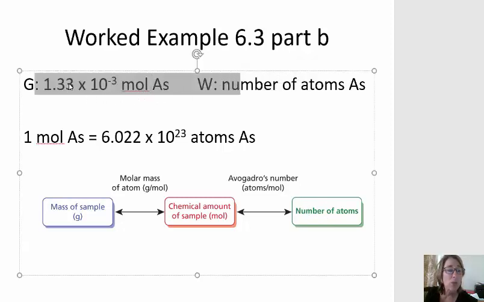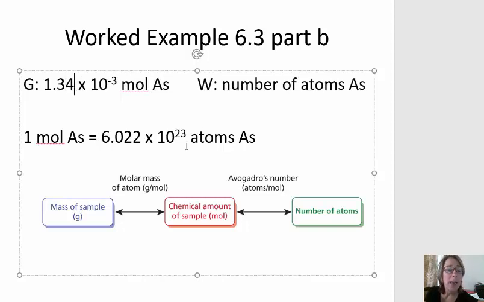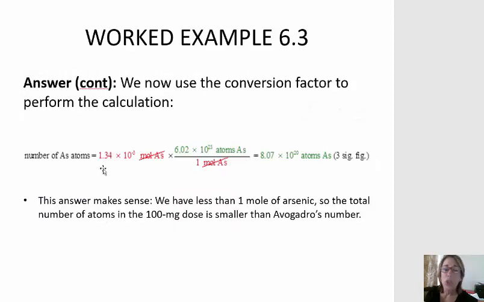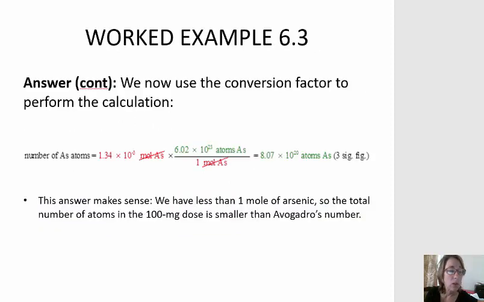We have 1.34 times 10 to the minus 3 moles of arsenic, and here is our conversion equality. 1 mole of arsenic is equal to 6.022 times 10 to the 23 atoms of arsenic. So when we do this calculation, 1.34 times 10 to the minus 3 moles, that's what we're converting from, we'll multiply by the conversion factor based on this equality.